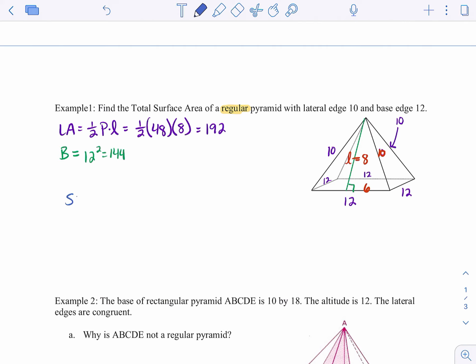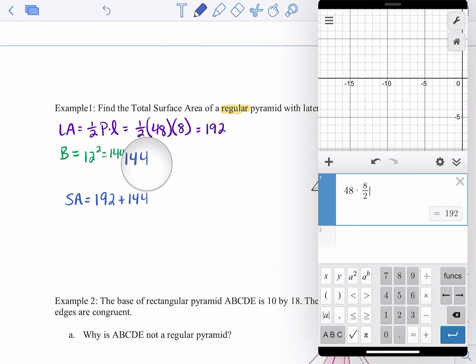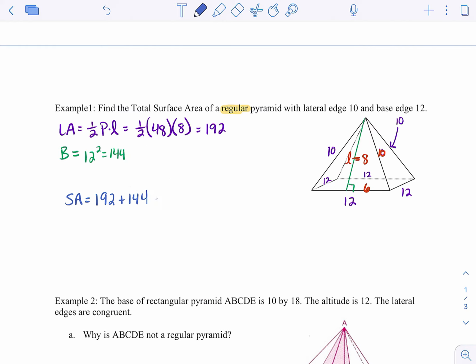So that makes our surface area come out to be 192 plus 144. If we go ahead and add 144 onto that, that gives us 336. So we have a total surface area of 336, and this is in square units. So this would be units squared.